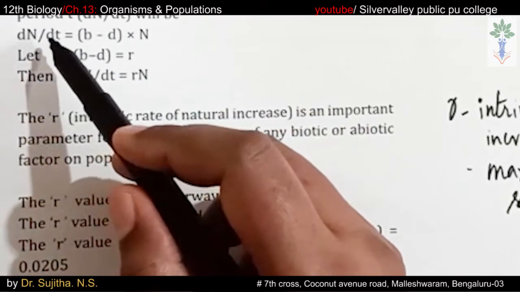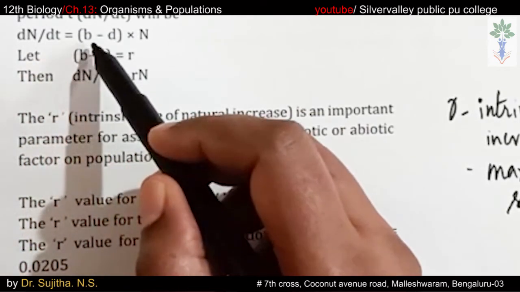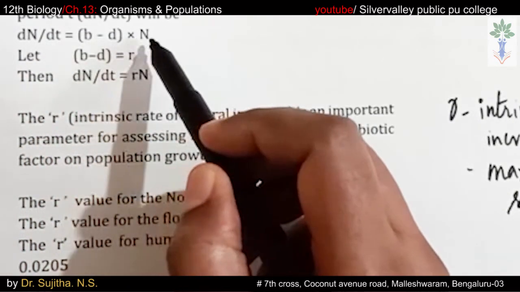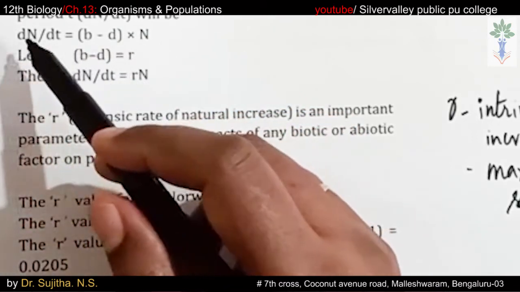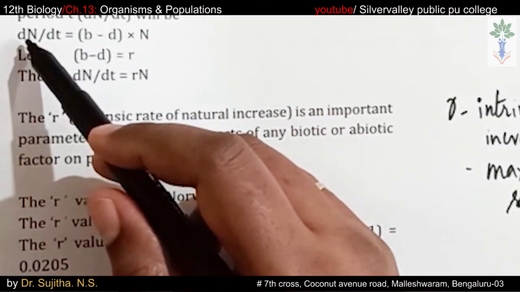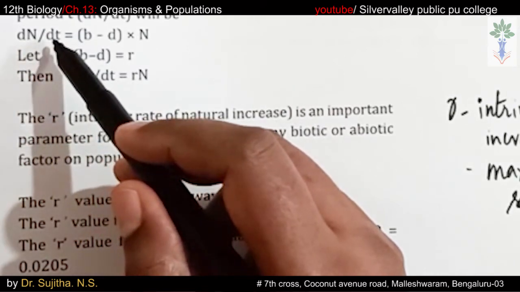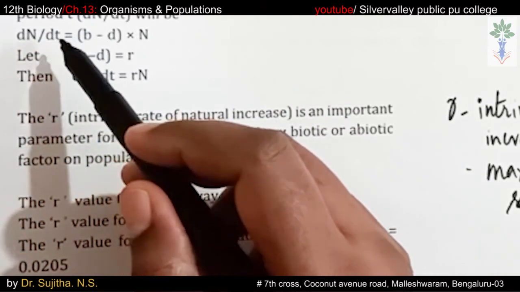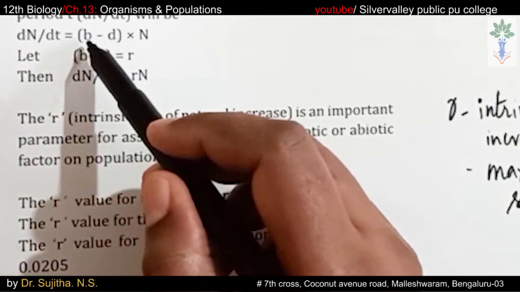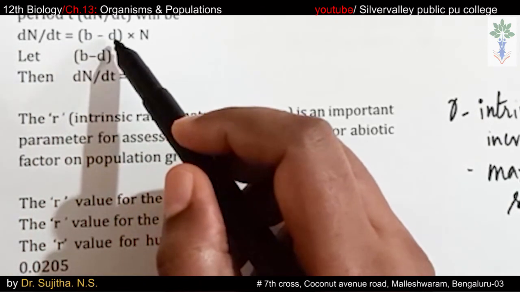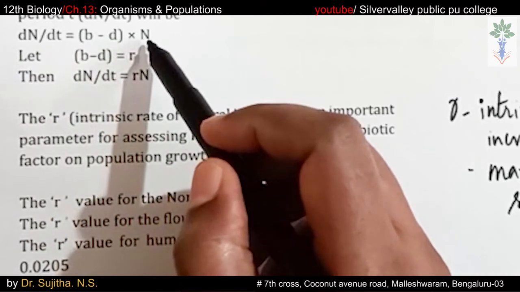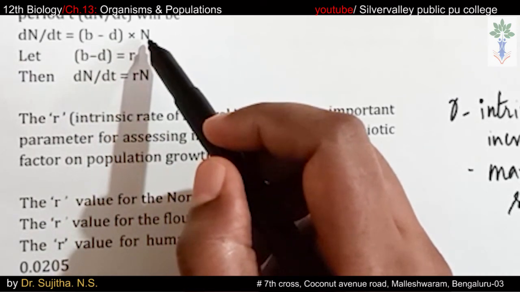So dN by dt is equal to (b minus d) into N. So dN represents the increase or decrease in the population size, dt represents the unit time period, b represents the birth rate, d represents the death rate, and N represents the population size.